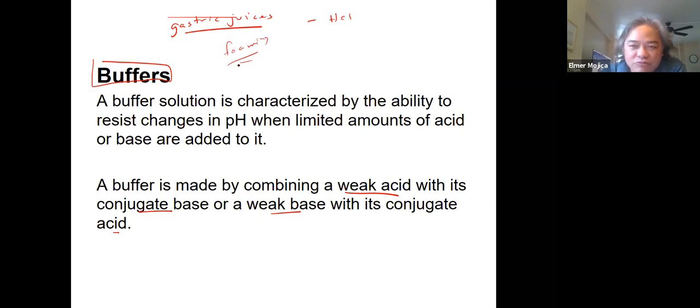Why is it that when you ingest something that is not palatable to your stomach, you see the foaming of the mouth? The main reason is the body tries to remove whatever you ingested, and in doing so, it pushes that material back out of your mouth, and you release some HCl.